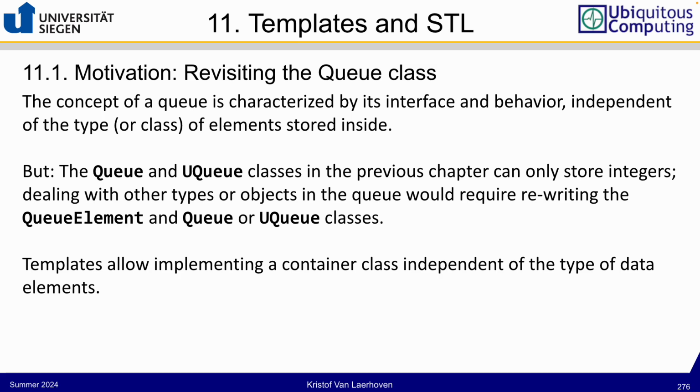But up until now, we did not know how to do that, because if we had, instead of an integer, a class of our own choosing, we would have to redo all that work again for these two container classes. And that is a lot of work. It is duplication of code, which is also not very nice. And at the same time, it kind of goes against loads of paradigms in programming.